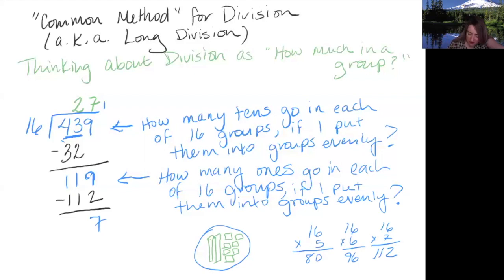So I end up with 27 remainder 7, or I could write it as 27 and 7/16 equivalently. So that's making sense of the standard or common method for division, also known as long division. Pretty intense, but also kind of interesting to think about what's actually going on with that algorithm that we were very likely exposed to in our childhood.